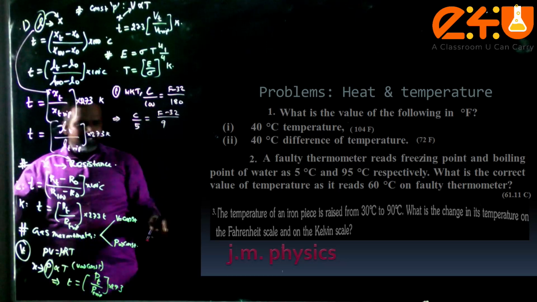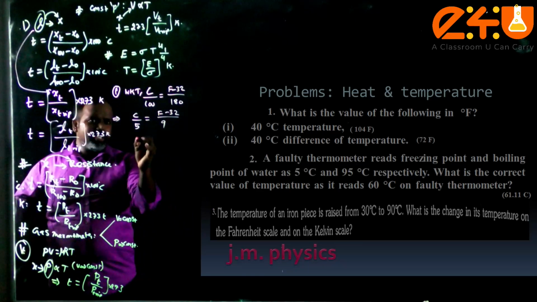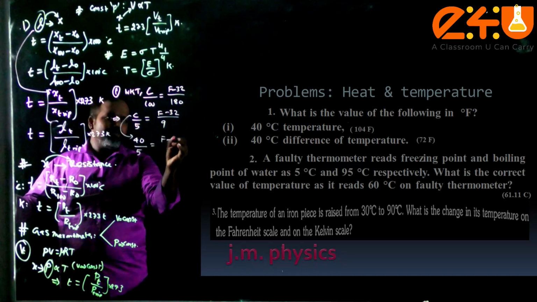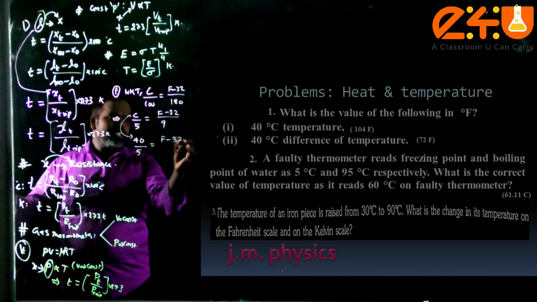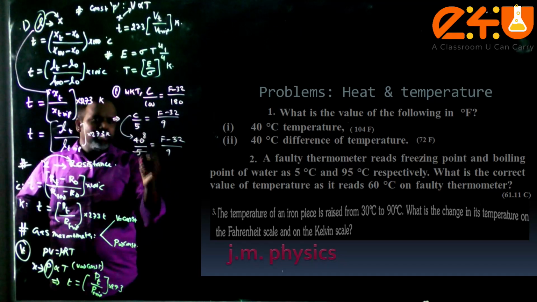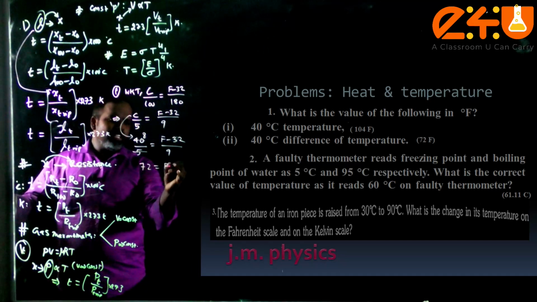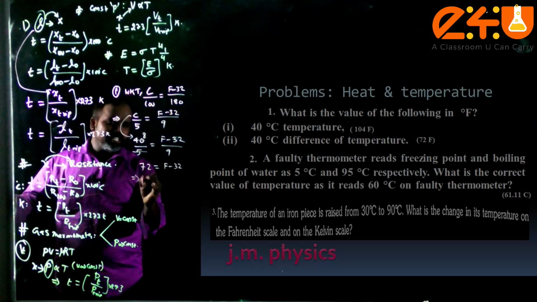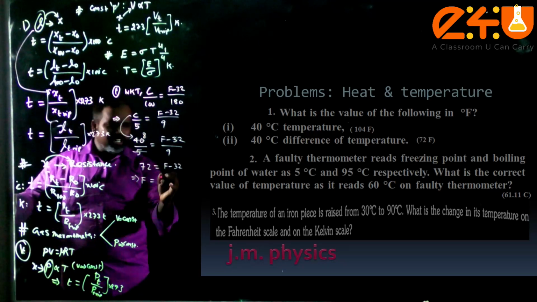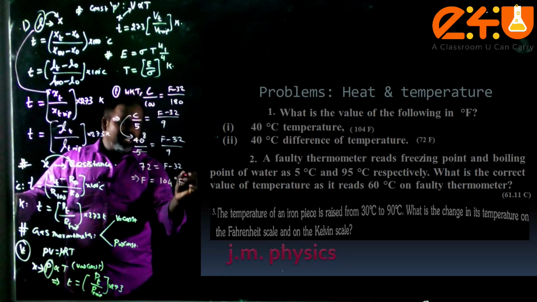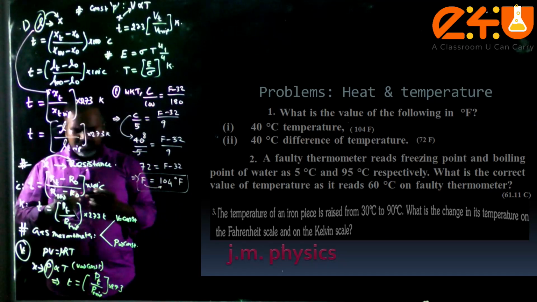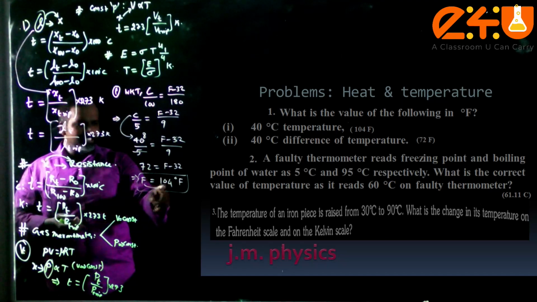The value of C is given as 40 degrees. So 40 by 5 is equal to F minus 32 divided by 9. That gives 8 times 9, which is 72, equal to F minus 32. From this, F is equal to 104 degrees Fahrenheit. That is the temperature in the Fahrenheit scale equivalent to 40 degrees.